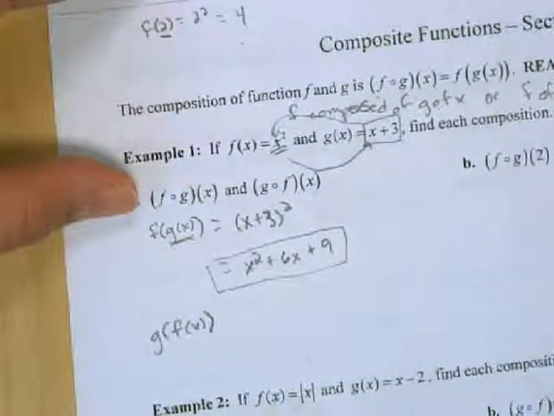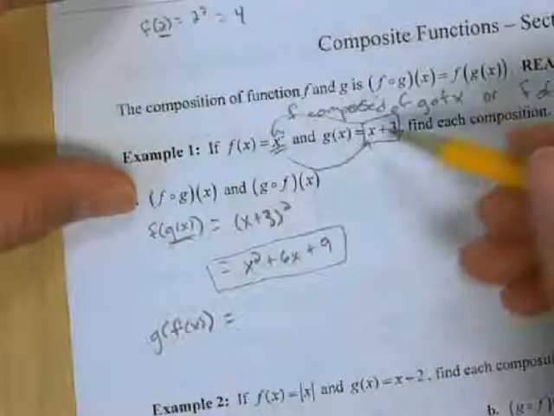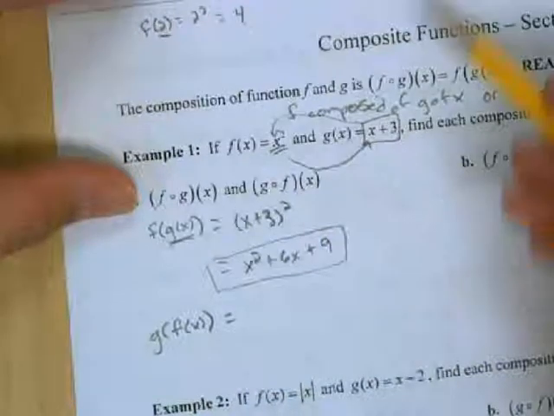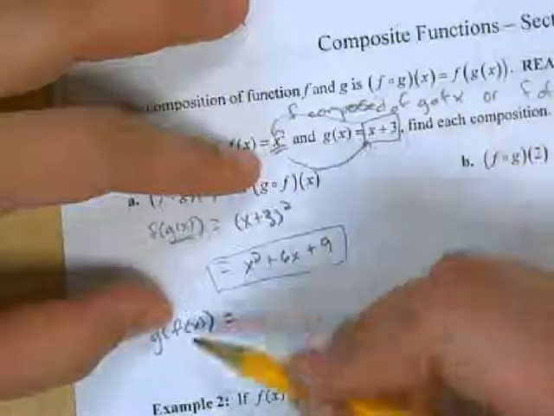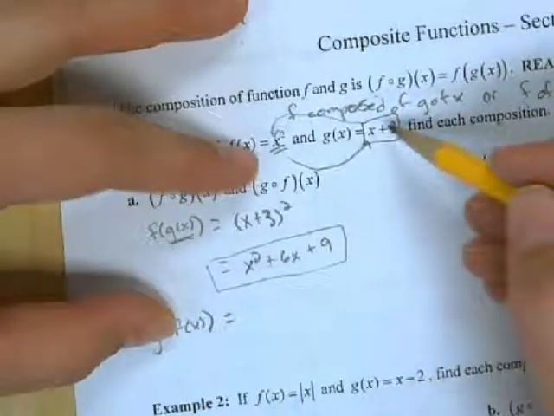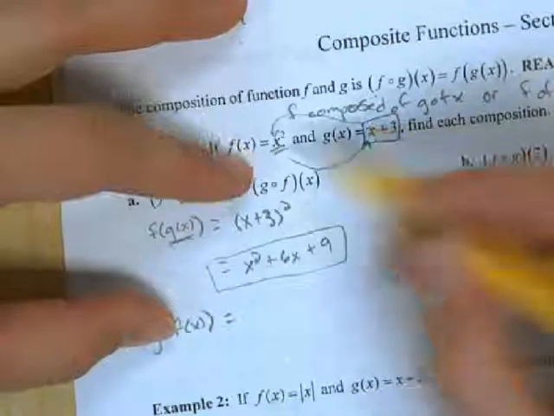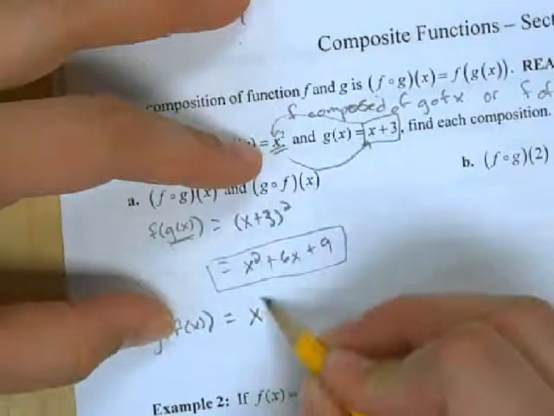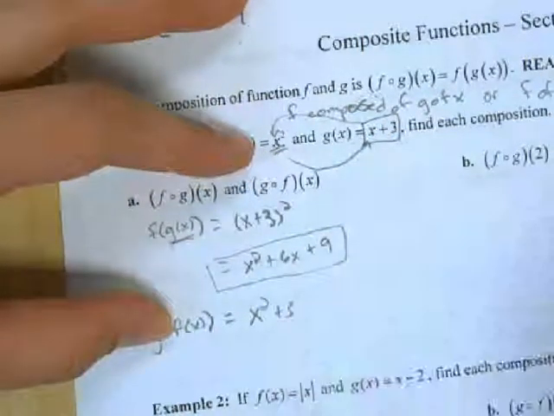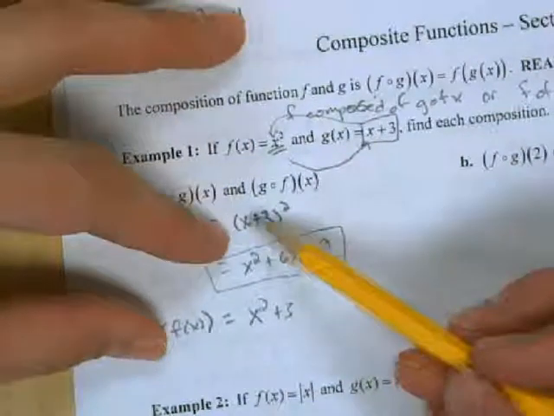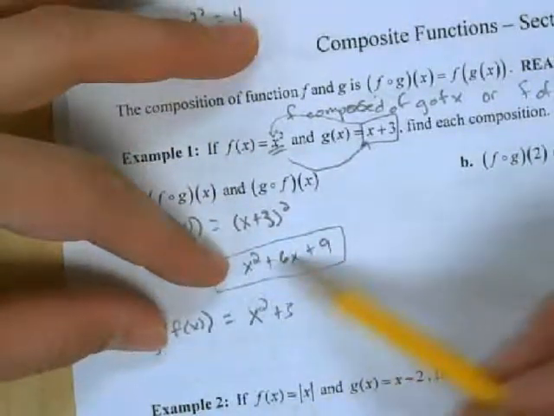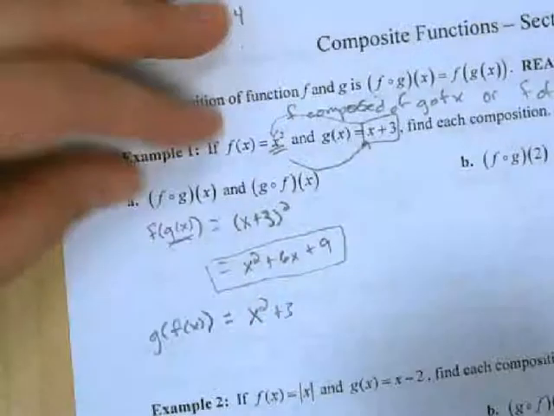All of this is about substitution. We're taking an X out and replacing it with something else. So, instead of doing X plus 3, we're going to take this X out and put X squared in its place. So now I've got X squared plus 3. Okay, see the difference? X plus 3 squared, which foils out to this, or X squared plus 3, which doesn't foil at all. It just stays the same.